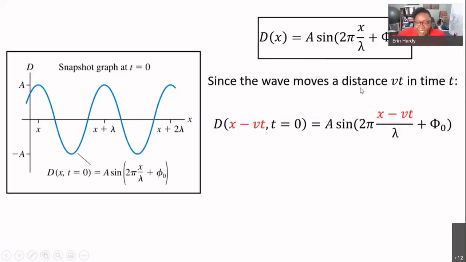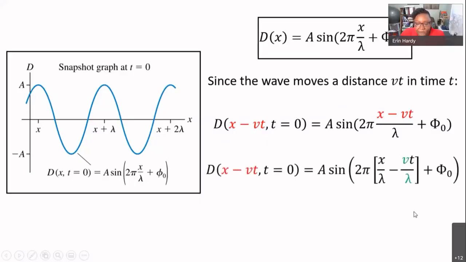So because this wave is propagating toward the right, and this is a sign convention that we're going to run into here, if I wanted to determine what the displacement would be for not just x plus lambda, but x minus vt, and I expanded it outward like I did before, I would have an x over lambda.